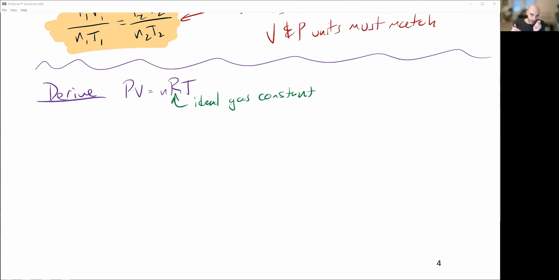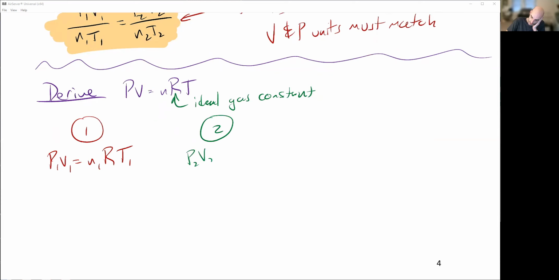So how we're going to solve this is, let's consider that we're in two different states. State 1 has pressure 1, volume 1, moles 1, R, not 1 because it's a constant, and T1. State 2 has the same thing, only 2: pressure 2, volume 2, moles at state 2, R again is the same, and T2.